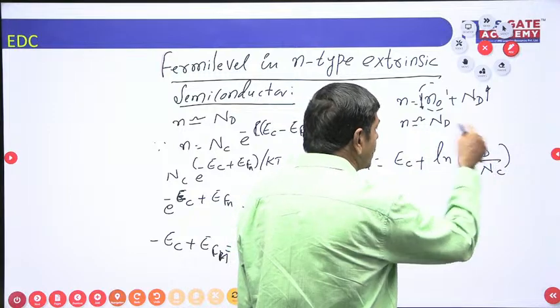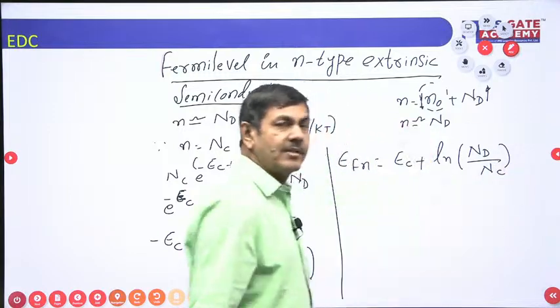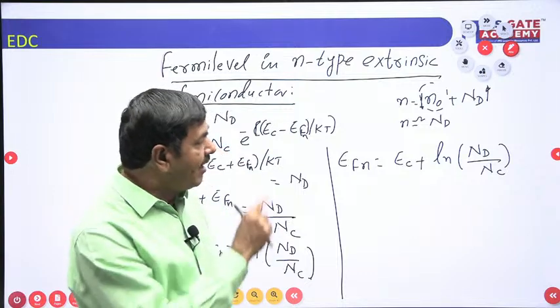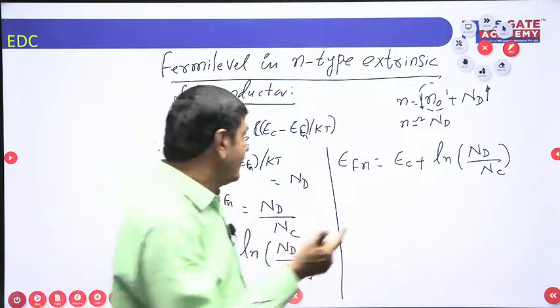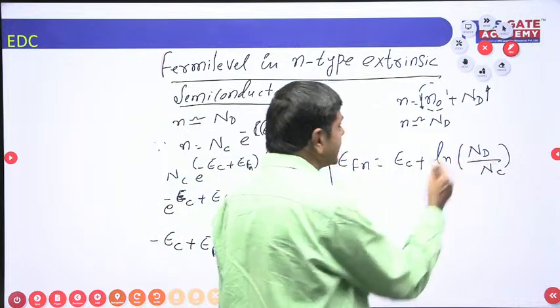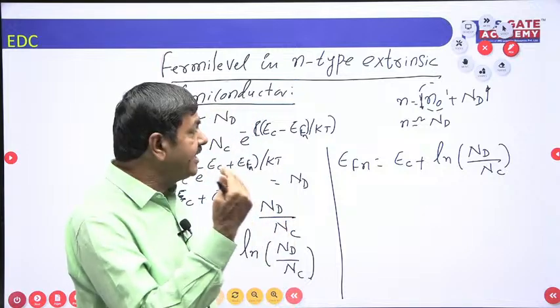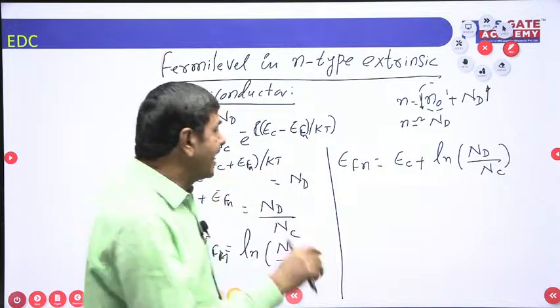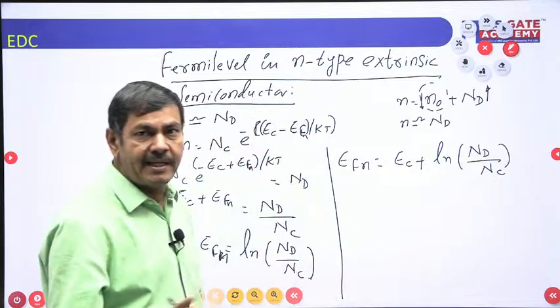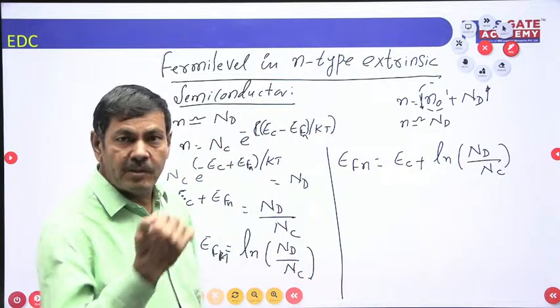But whether this total value is positive or negative is unknown so far. But just by watching the formula, EFN is nothing but EC plus something. EC plus something means it may be above the EC we can think. At the time if you make EC minus something, you will get the idea. Yes, EFN lies below the EC level only now.